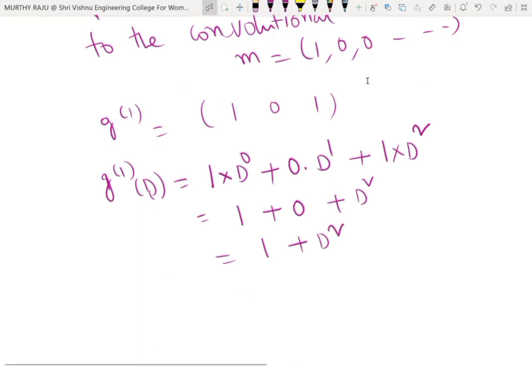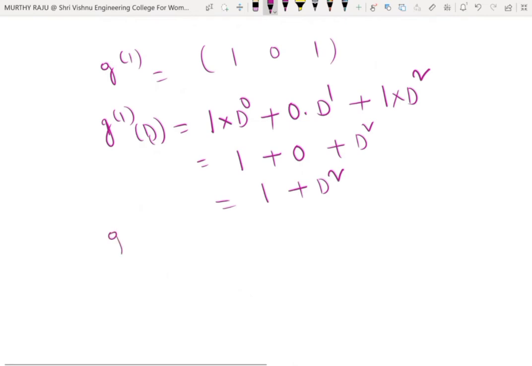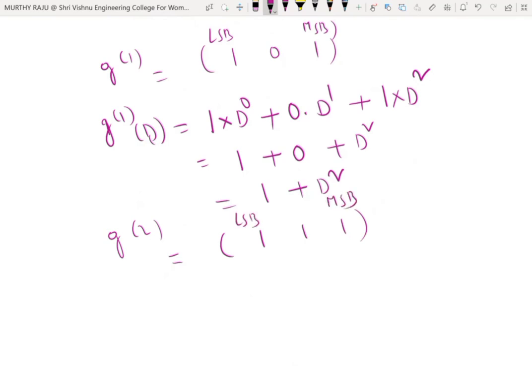And similarly, G of 2 is equal to 1, 1, 1. This one is the LSB, this one is the MSB.